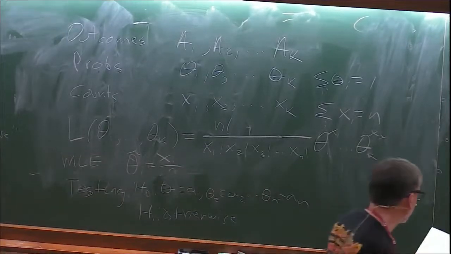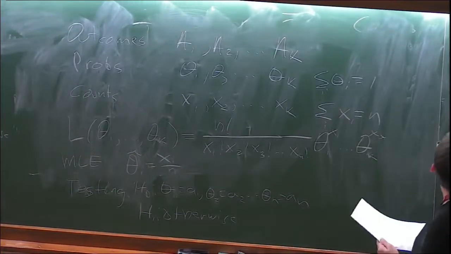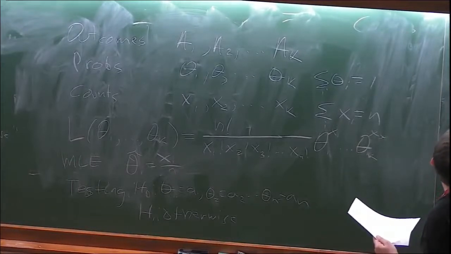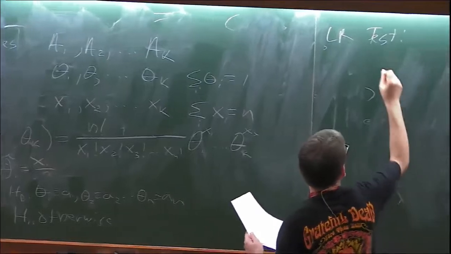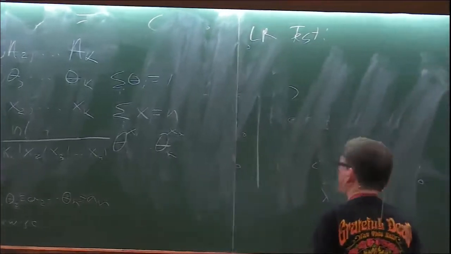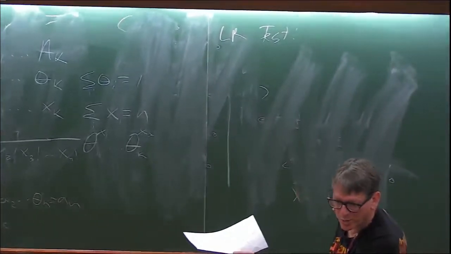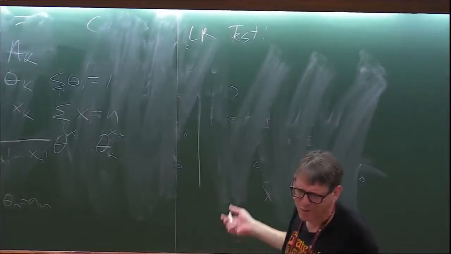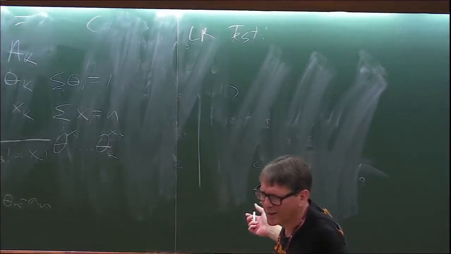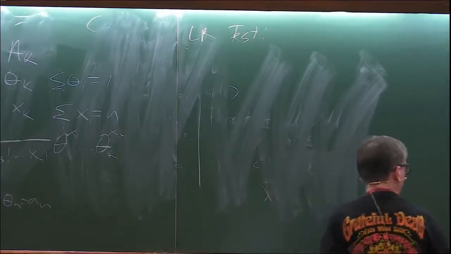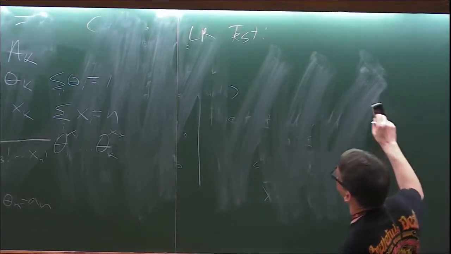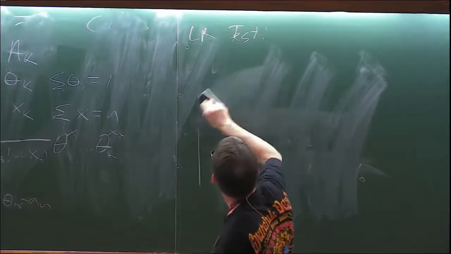Now we can easily write down the likelihood ratio test. The likelihood ratio test is this lambda that I so mysteriously alluded to up there, and logically you asked me, well, how do you get that? Well, it depends on the problem. But in this problem, I can write lambda down explicitly.